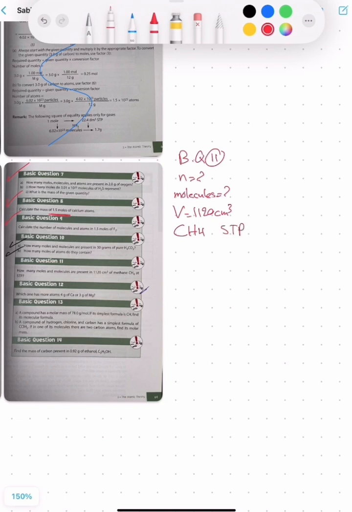STP means standard temperature and pressure, which is 0 Celsius and 1 atmospheric pressure. At these conditions, we have a rule: volume is equal to number of moles times 22.4. So if we have number of moles, how would you calculate volume? You just multiply it by 22.4. You will get the volume in cubic decimeters.